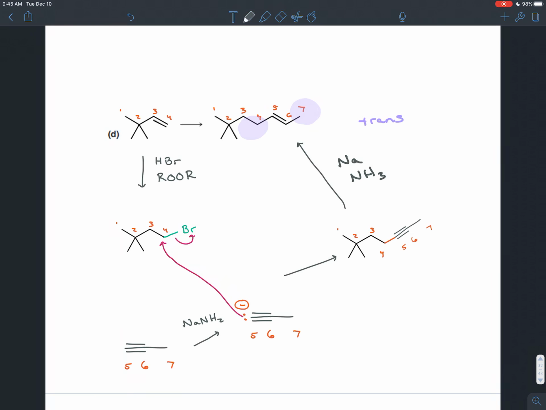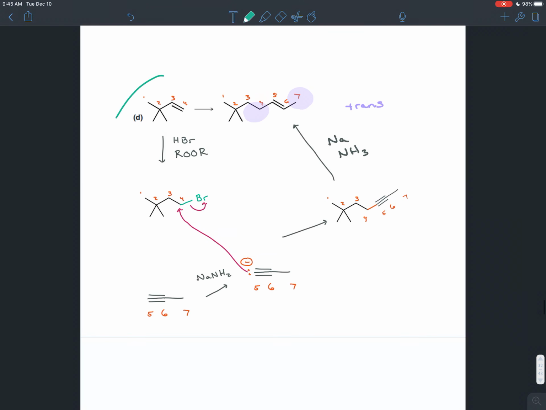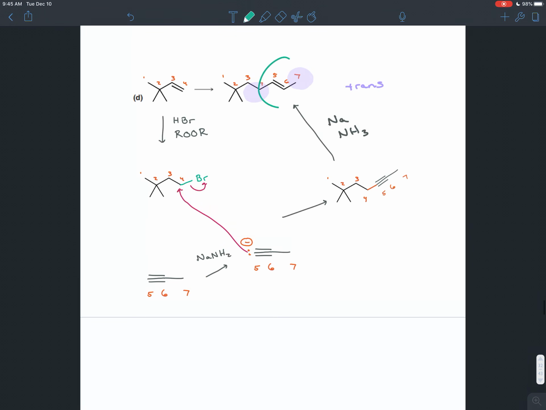Okay, so let's review this synthesis, what we did here. We added HBr in peroxides to get the anti-Markovnikov product, so the leaving group is on carbon number 4. And then we look at how many carbons we wanted to add. It was 3, and make that the terminal alkyne. You have to start with the alkyne and treat it with sodium amide, but then it's there. You wouldn't be able to store this product.